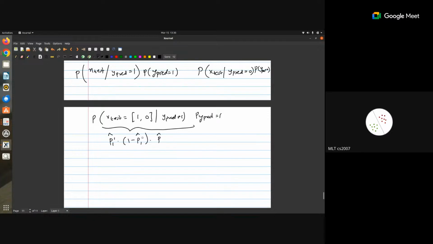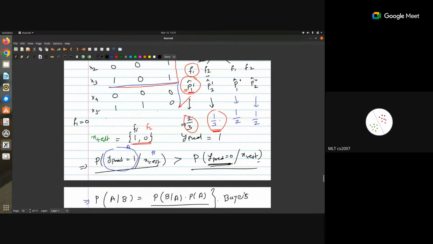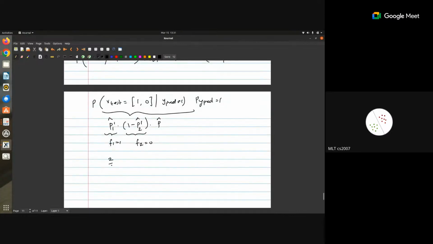So what is this p1 1 hat? Sorry, I think I have done it wrongly. It's p2 1 hat. Fine, right? This is corresponding to feature 1 equal to 1. This is corresponding to feature 2 equal to 0. Right? And what is this p1 1 hat from this? Which is 2 by 3. Correct? This is 2 by 3.